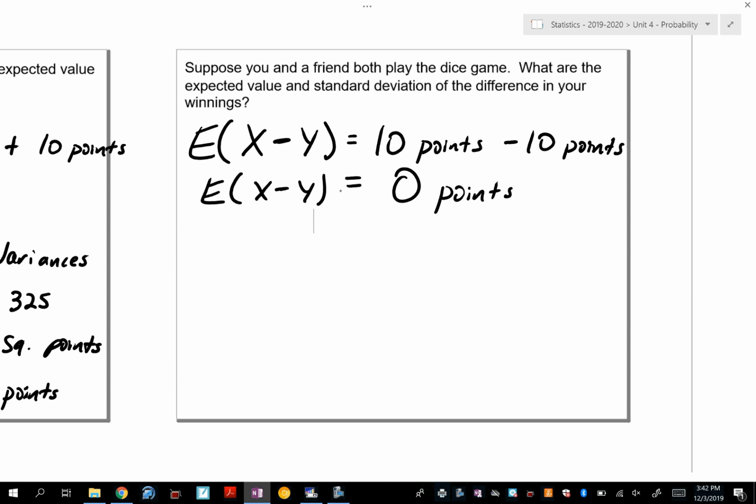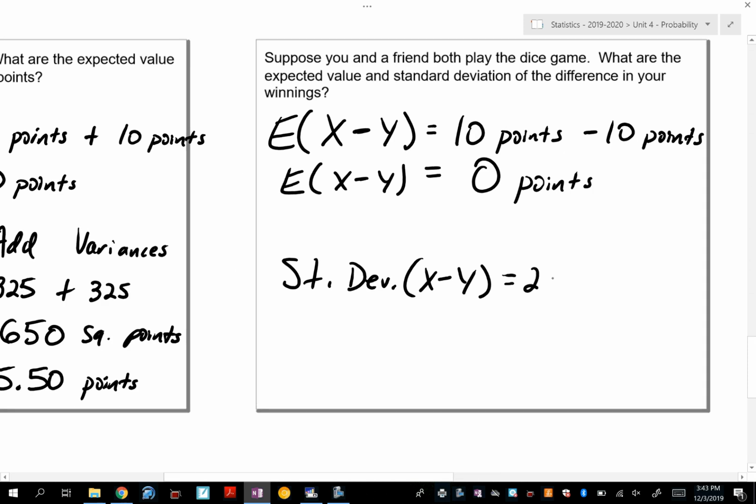The standard deviation of the difference in our point values is still 25.50 points. I will do my best, once everyone's written this down, to give you an example to explain why, even when you subtract, you're actually still increasing the variability, the unknown factors.